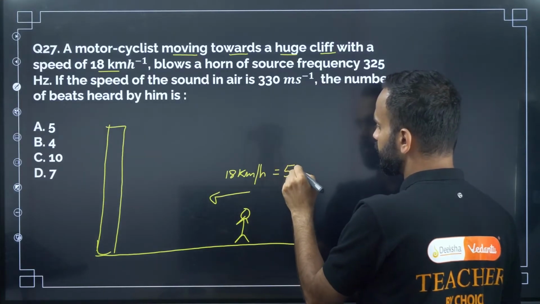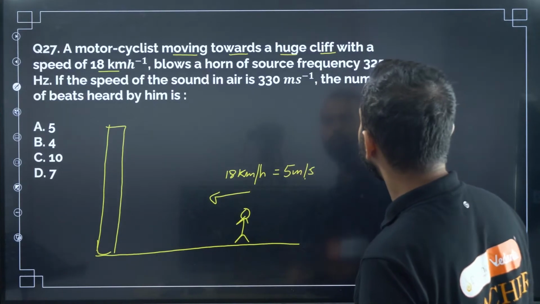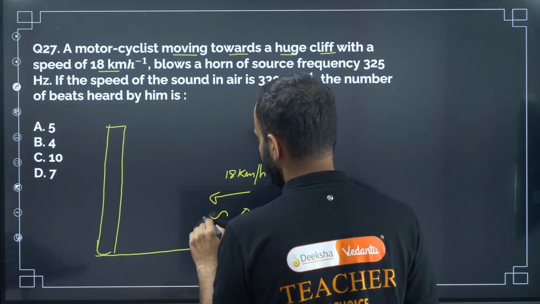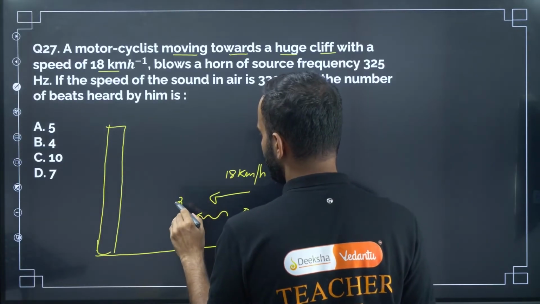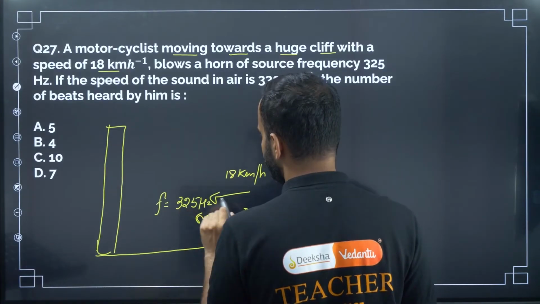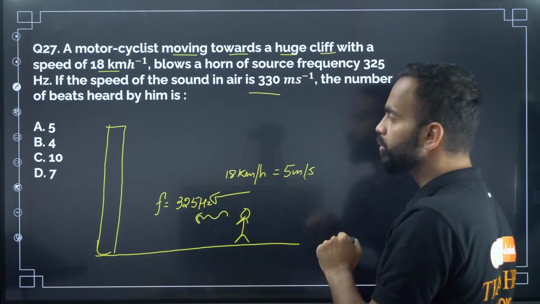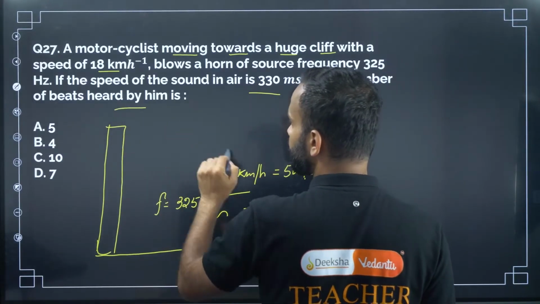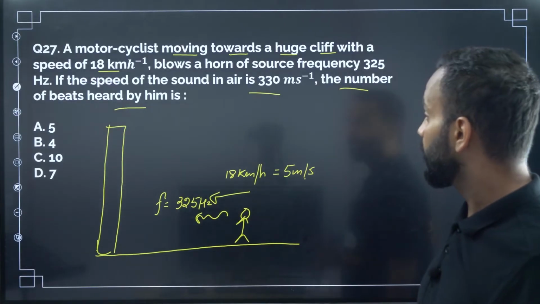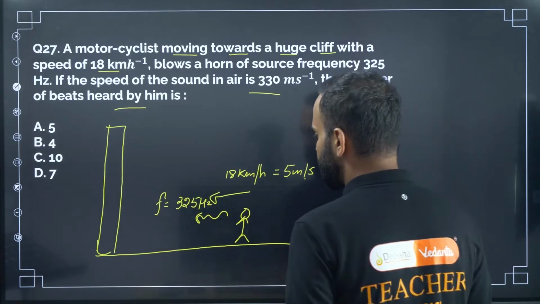That will be 5 meter per second. He blows a horn of source frequency 325 hertz. The frequency of the source is f. If the speed of sound in air is 330 meter per second, we need to find the number of beats heard by the motorcyclist.